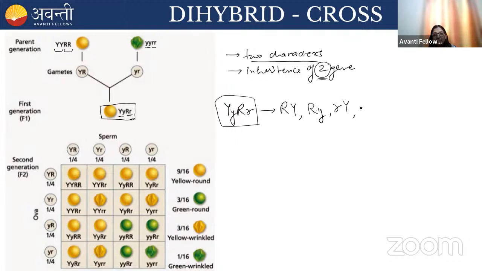So 4 gametes are produced. Remember, you can also calculate the gametes like this: the number of gametes equals 2 raised to the power n, where n represents the number of heterozygous genes. In this case, how many heterozygous genes are there? 1 and 2. So 2 raised to the power 2 equals 4. So here also we are obtaining 4 gametes.